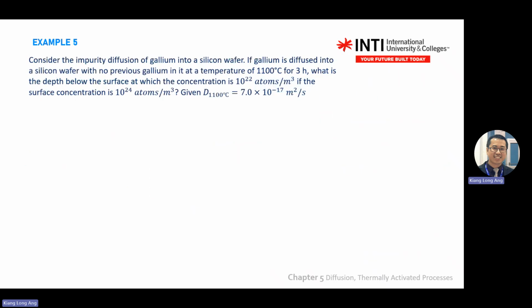Now example 5. What is the difference between example 4 and this one? What do you see in the concentration unit?